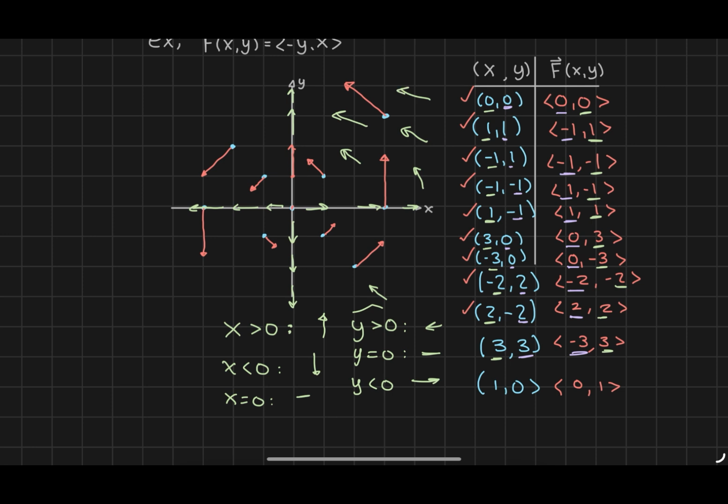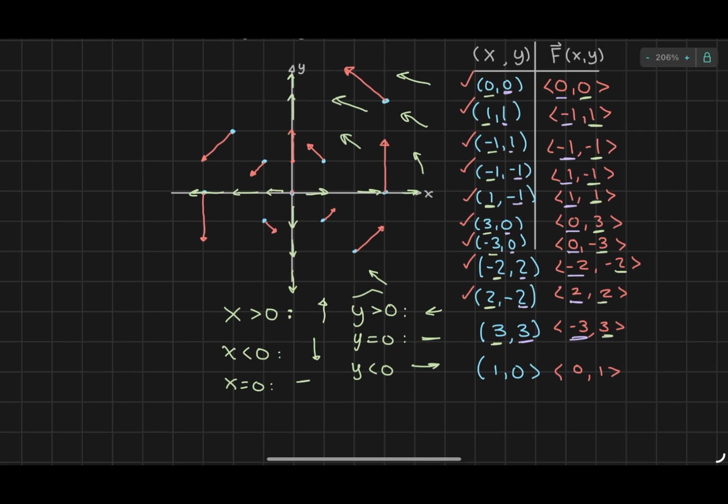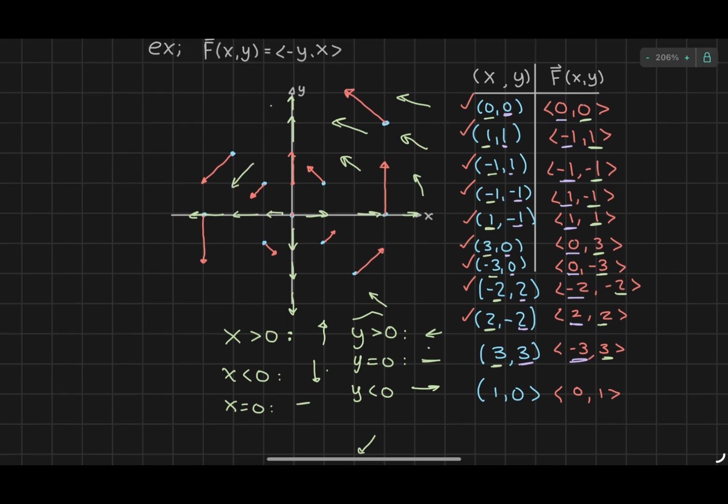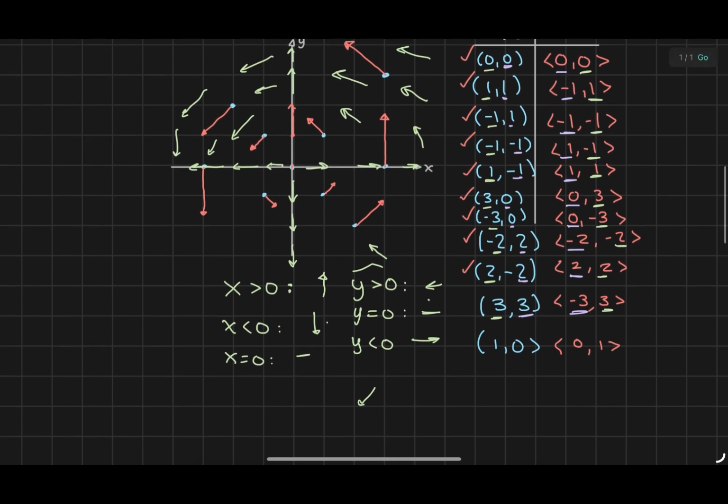Okay, if our x is negative and our y is positive, then combining these two, it looks like it's going to be down and to the left. That's something we can observe here. If our y is negative and our x is negative, what does it look like from there?